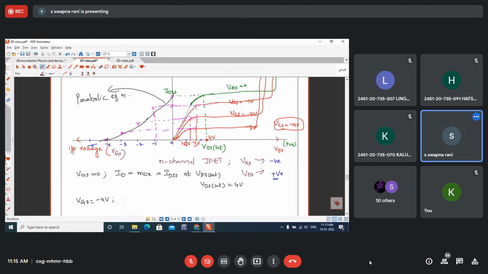With VGS equal to -4, if you remember the first case, at one particular negative voltage the channel is completely filled with depletion regions and current is 0.